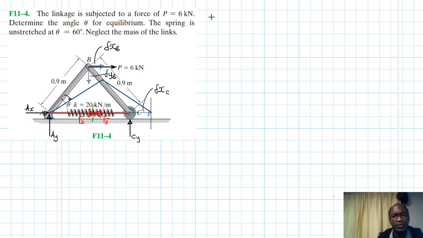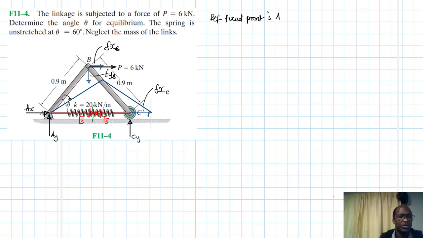Our reference fixed point that we've picked is A. So the points that we expect to have virtual work is point B in the horizontal direction, and point C also in the horizontal direction.